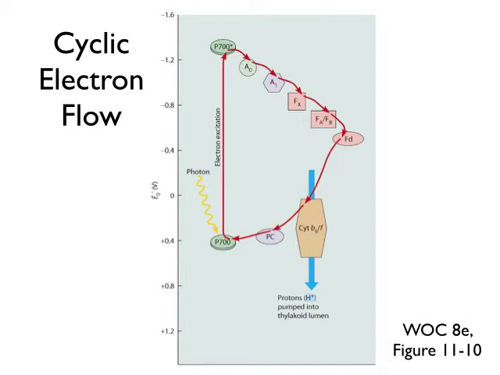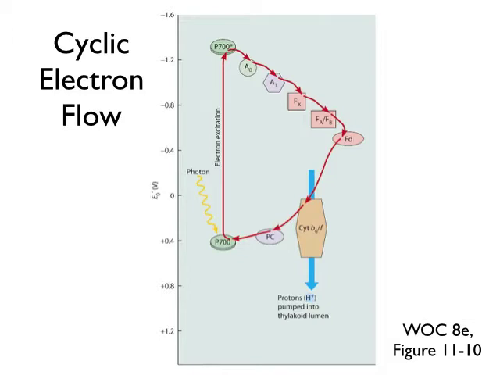However, in cyclical electron flow, instead of going all the way to the production of NADPH, if we don't need that much reducing power, and instead we'd rather make more ATP, then cyclical electron flow forestalls the generation of NADPH, and instead we kick those electrons back through a cyclical electron flow process to produce more protons, which can be used to make more ATP.